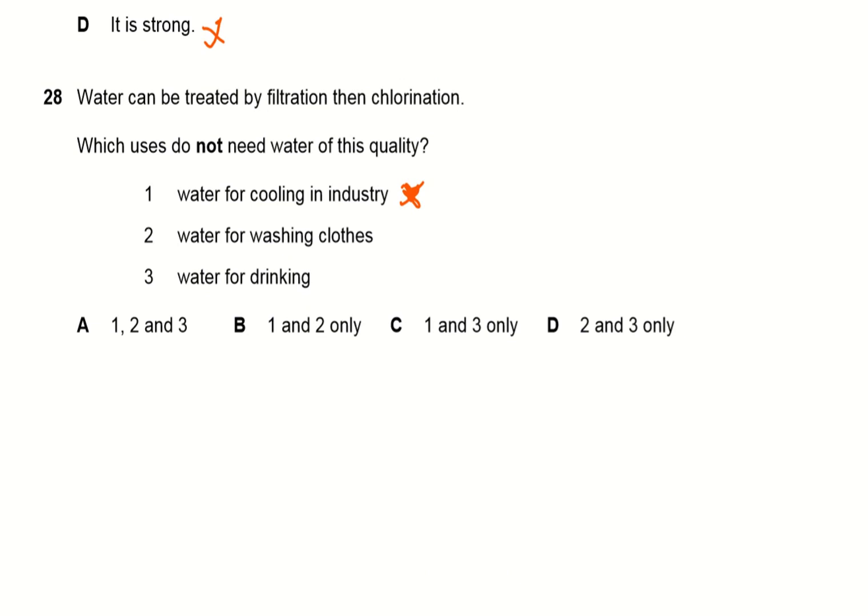Okay, water for washing, we don't need water for washing clothes to be this level of purity. But water for drinking requires that level of purity: filtration, then chlorination. So the ones that do not require these are one and two. So the correct answer here is B.